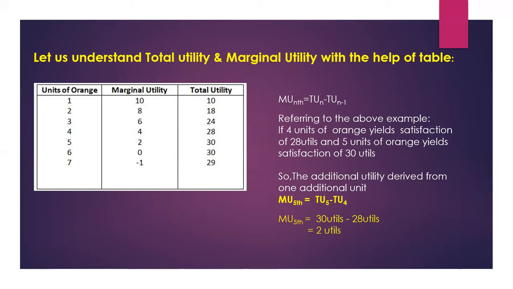As the formula itself guides you, MU n, that is the marginal utility of the nth unit, is equal to total utility of n units minus total utility of n minus 1 units. That means, suppose, what is the net satisfaction derived from consumption of a commodity. Initially when I'm eating an orange, I'm deriving a satisfaction of 10 utils.